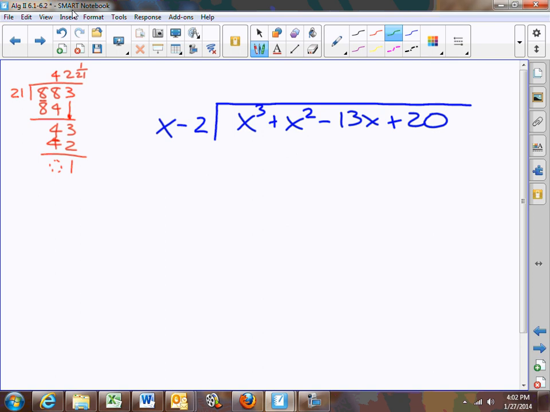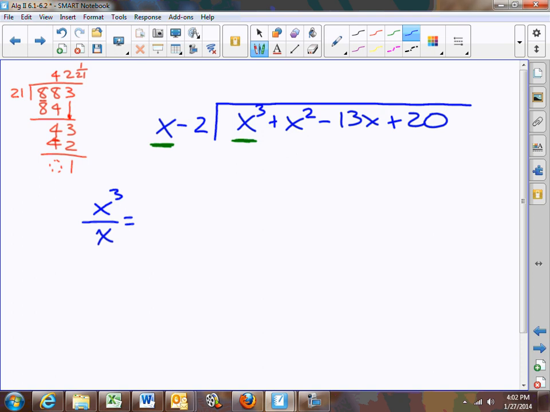Once you've done that, you look at the first term of the divisor and the first term of the dividend, and you say to yourself, how many times does x go into x cubed? Now, x cubed divided by x, we know that when you're dividing, the base is the same, you subtract the exponent.